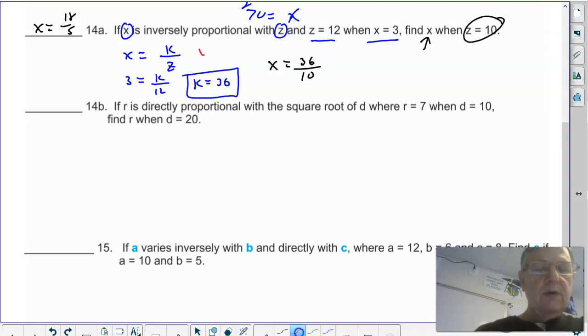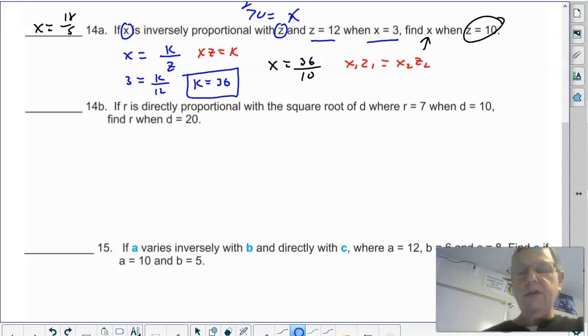Okay, xz equals k. So x1 z1 equals x2 z2. You see, you set it both equal to k in the middle, right? So that would be that way, and x2 z2 equals k, and you just sub in for your k. Now notice what happens. I'll use the numbers again.